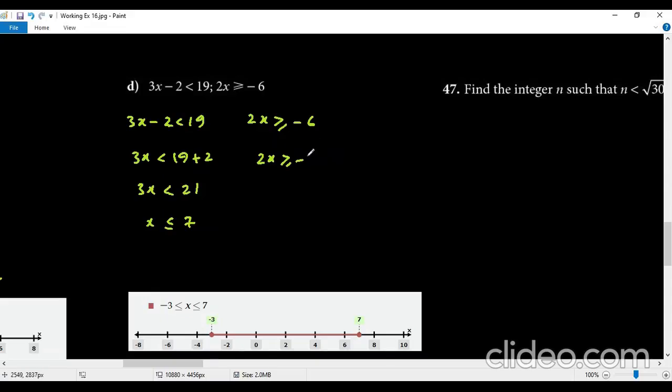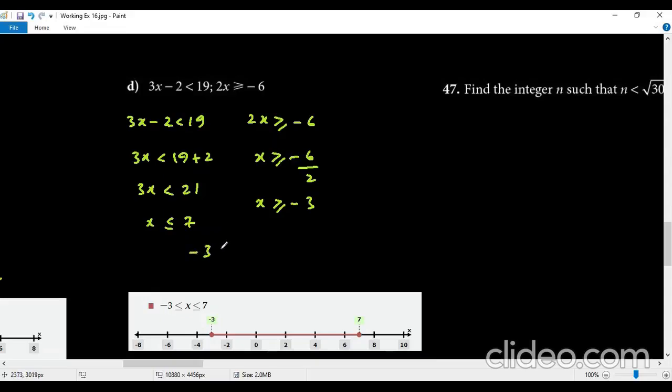In the second part, it's going to be 2x greater than or equal to negative 6. That means negative 3. So I'm writing it directly. x is greater than or equal to negative 6, which is multiplying, so it's going to be dividing by 2. So x greater than or equal to negative 3.